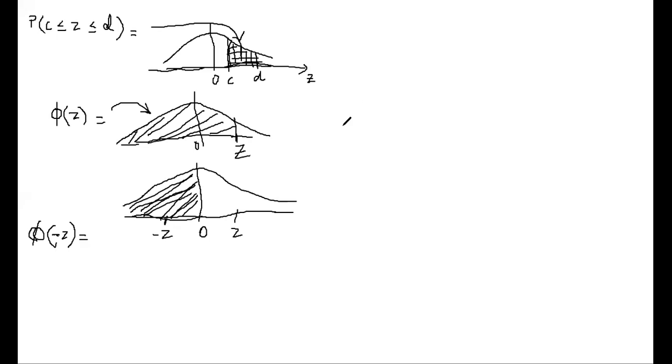For the others, I am saying, this is our standard normal curve, right? It is symmetrical about the point 0. If this is your z point, I require to obtain phi of minus z. This is your minus z point as the curve is symmetric. Now phi of minus z represents what?